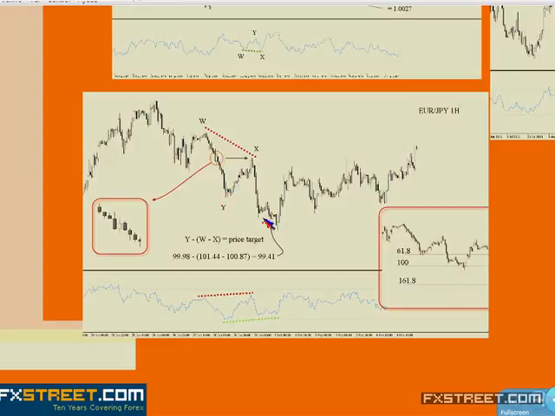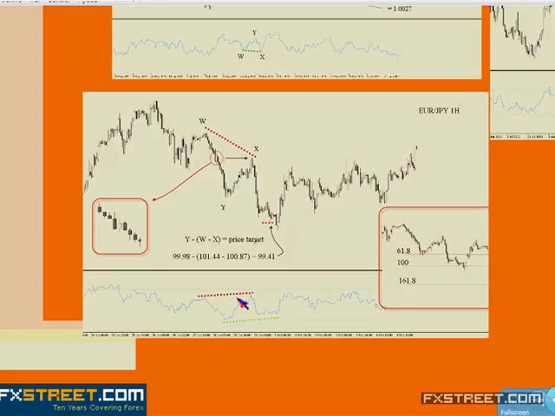Once that target was hit, we see that there is a classical regular divergence setup. We see that there are lower lows in the price action and higher lows in the oscillator. That is a regular divergence, a positive regular divergence calling for a reversal to higher prices.